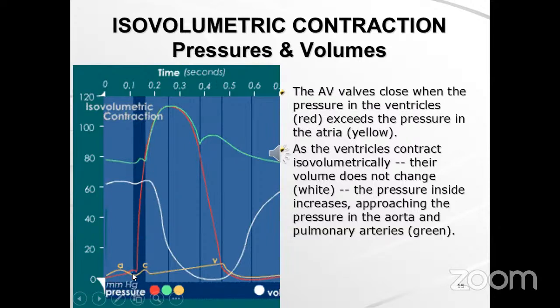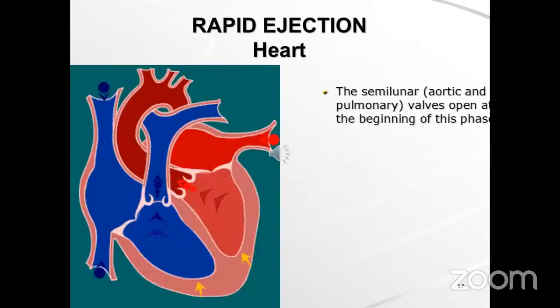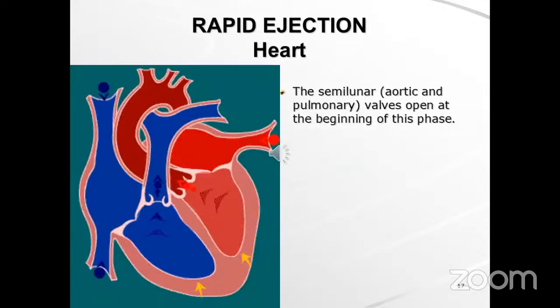Once the ventricular pressure goes above the aortic and pulmonary arterial pressure, the pulmonary artery valve and the aortic valve will open. The valves opening is known as the rapid ejection. The semilunar valve opens at the beginning of this phase.